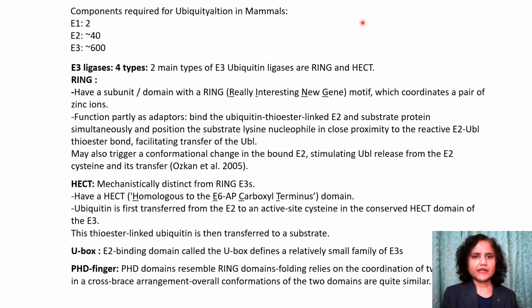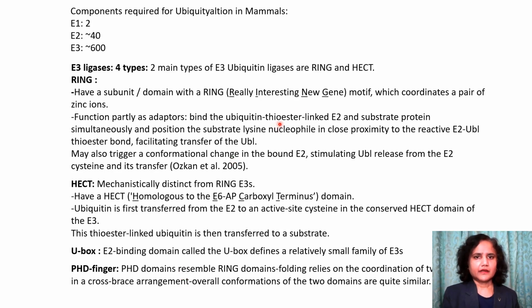These ubiquitin E3s in general are classified into 4 types. There are 2 main types which we are discussing today, the RING and the HECT types. But there's also a U-box family and a PHD finger, which is sometimes also referred to as a RING type.